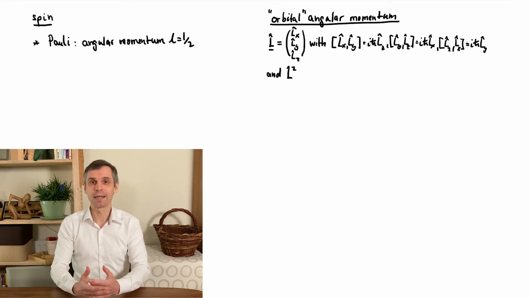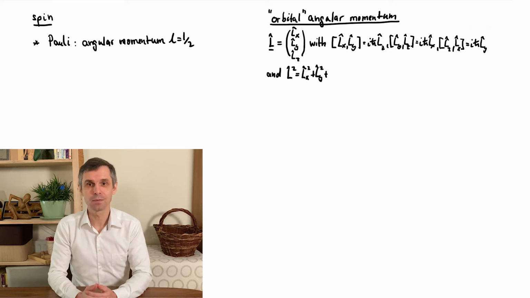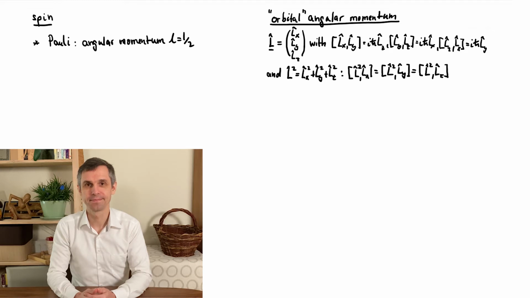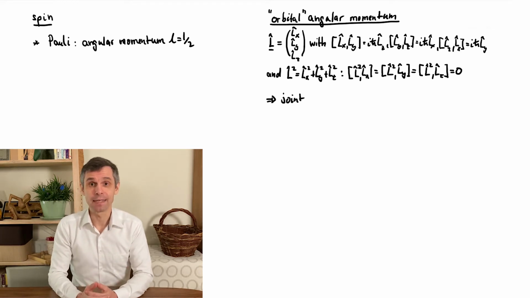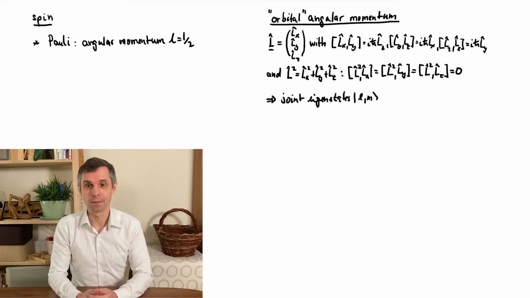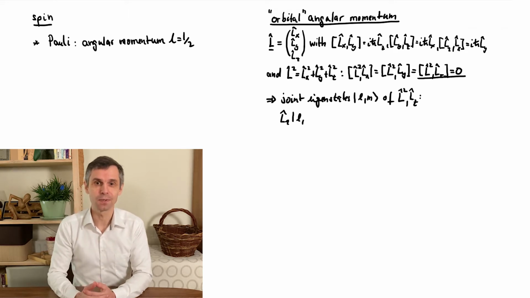Also, we have the total angular momentum operator L squared, which commutes with all three components. And we have the joint eigenstates of Lz and L squared, enumerated by the quantum numbers L and M, which determine the discrete eigenvalues.